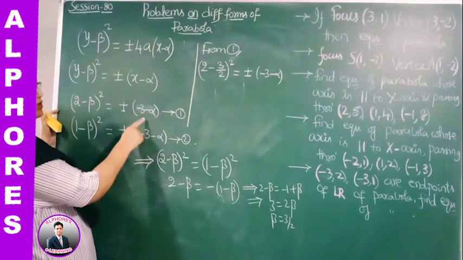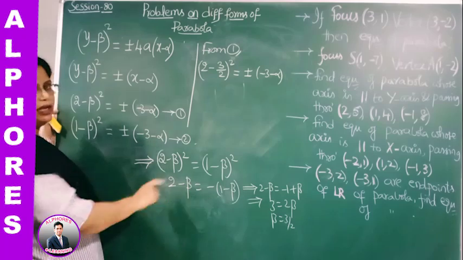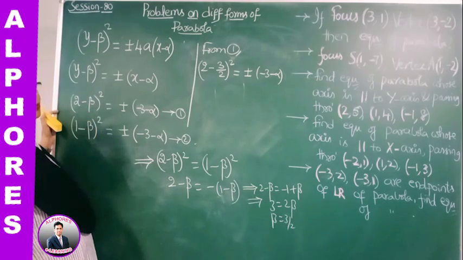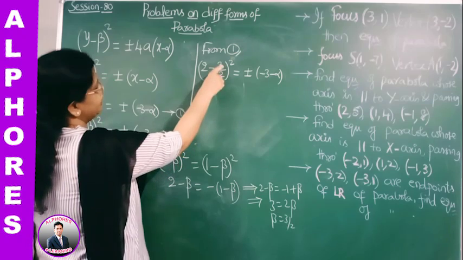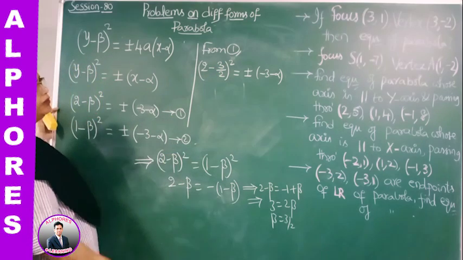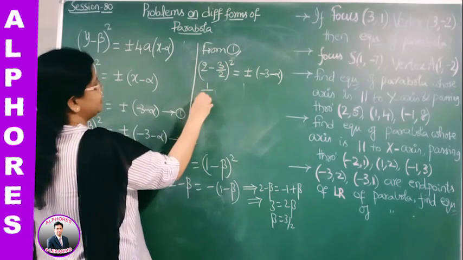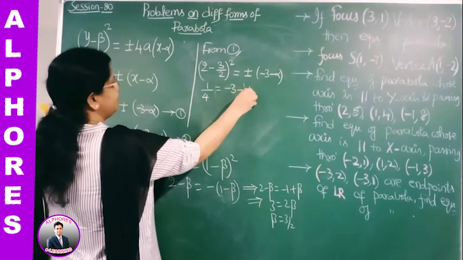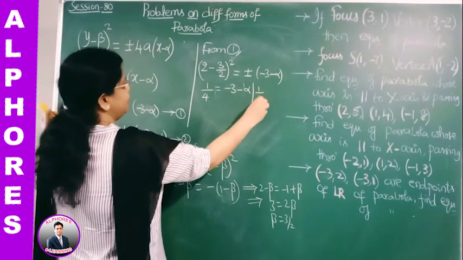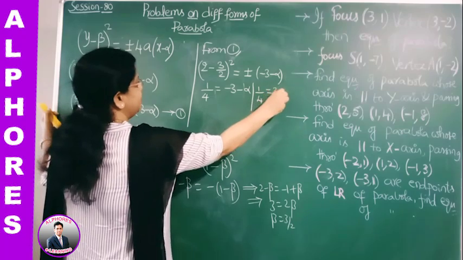Okay students, we substituted in equation 1 the value of beta as 3 by 2. Now what is this value? 4 minus 3, it is 1 by 2, 1 by 2 whole square, so 1 by 4. This 1 by 4, one time I am taking the plus symbol, so minus 3 minus alpha, and next I am taking the minus symbol, that is 3 plus alpha.